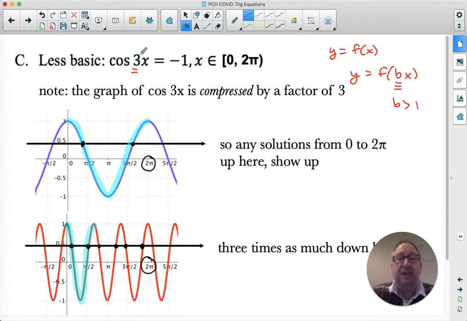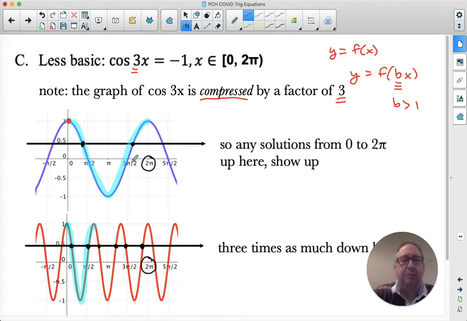This isn't cosine x, it's cosine 3x. So it's a compression by the factor of 3. Visually, we'll look at the problem on the next page, but here's cosine: max, 0, min, 0, max, and we go all the way through. So here's our cosine graph. I have a value set here at the wrong value, set equal to 1/2, should be -1, that's okay, but we're just looking at the graph itself.